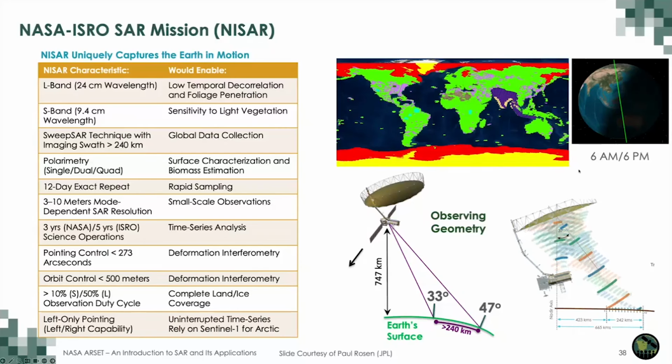global. The one big difference between NISAR and the other radar satellites is that it's looking to the south. It's looking to the left of the satellite orbit.